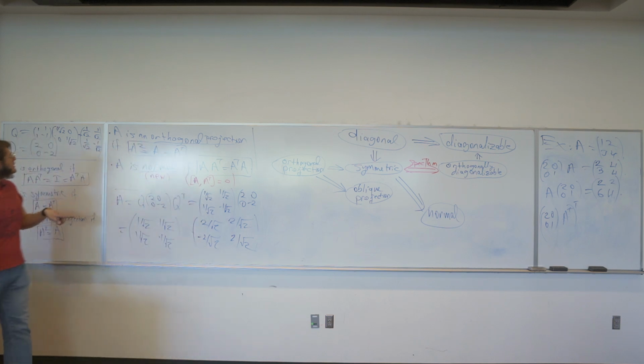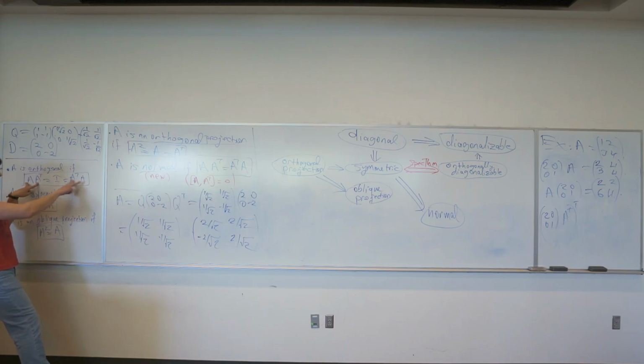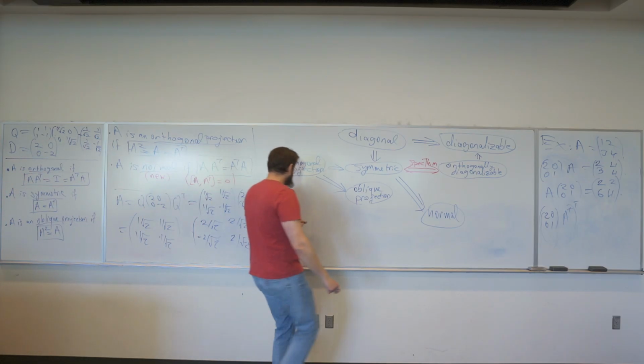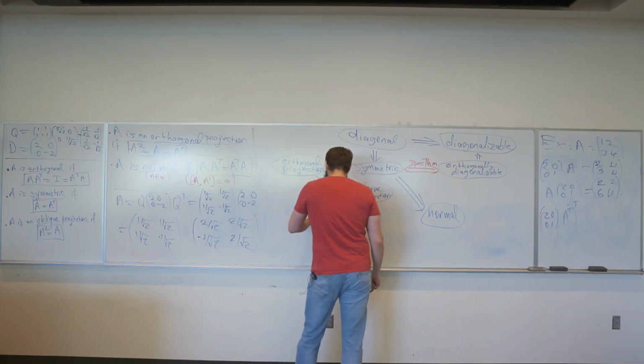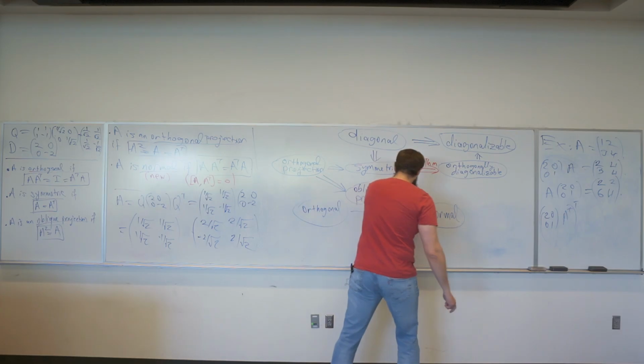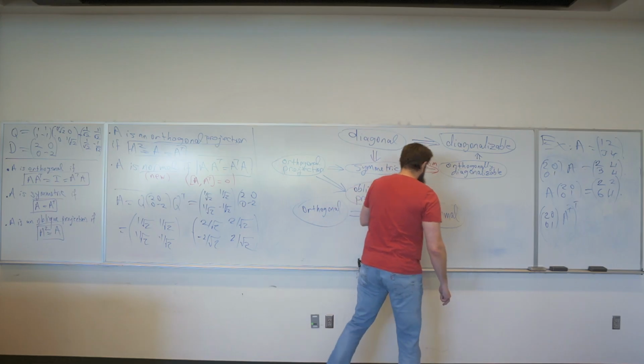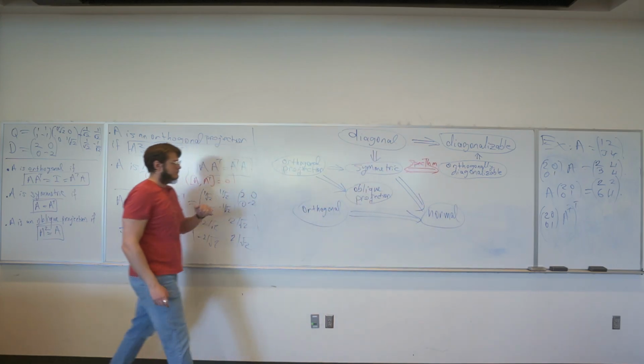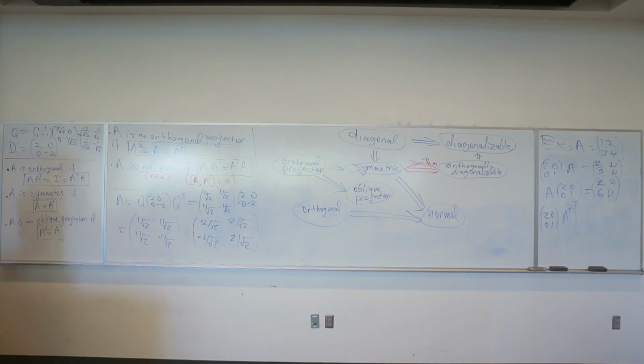But also, an orthogonal matrix is normal, because both this and this is identity.